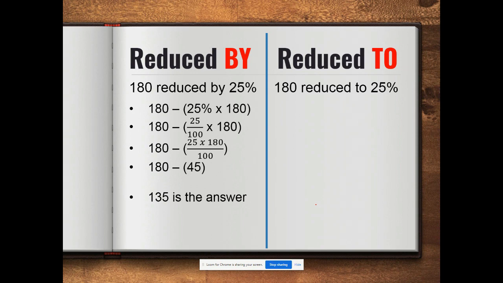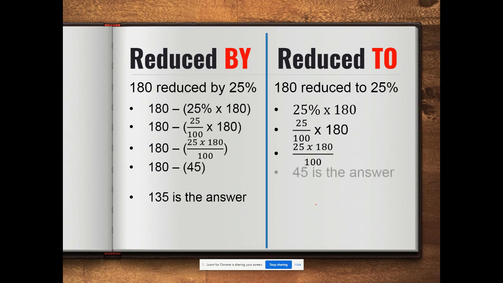Now reduced to. Since we want to reduce it to 25%, we're just looking for 25% of 180. So just multiply it with 25%, and it will be 45. Now, try to take a look at this one with reduced by. So if 180 is 100%, we need to minus it with 25%.